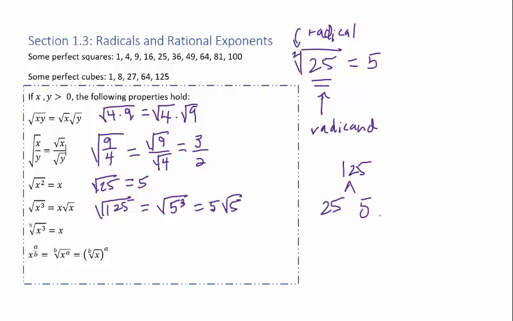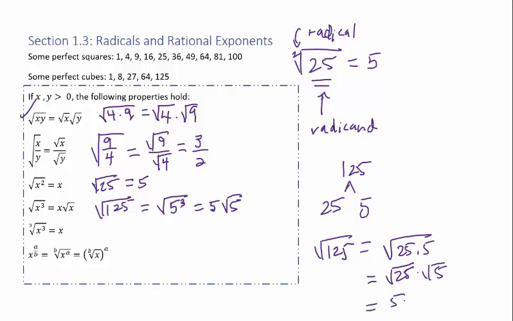So 25 times 5. Then we can rewrite the square root of 125 as the square root of 25 times 5. Using this first property, that becomes the square root of 25 times the square root of 5, and thus we get 5 square root of 5.